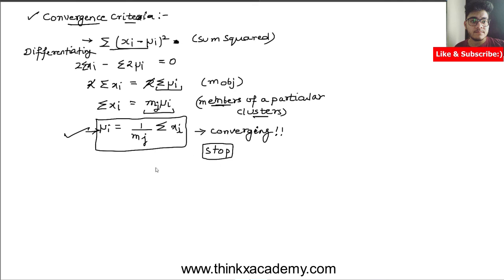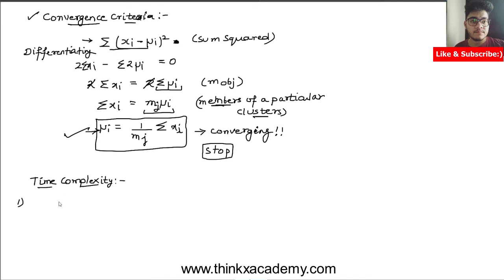Alright, so now we have done the k-means clustering algorithm. So let's try to understand the time complexity of this algorithm. There are various steps, and for each and every step we can calculate the time complexity.